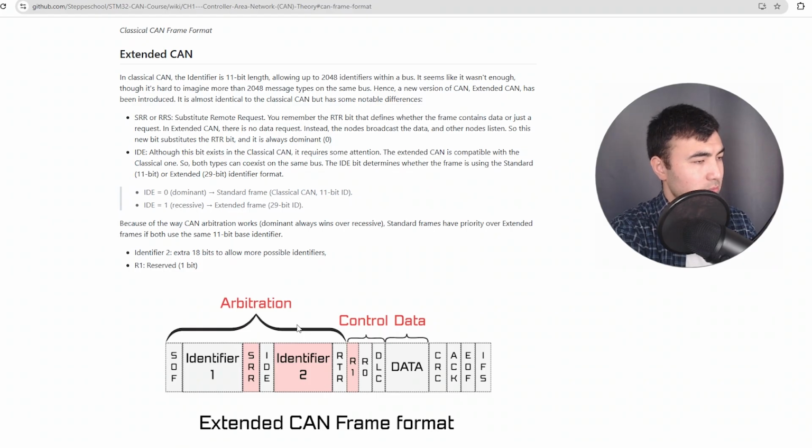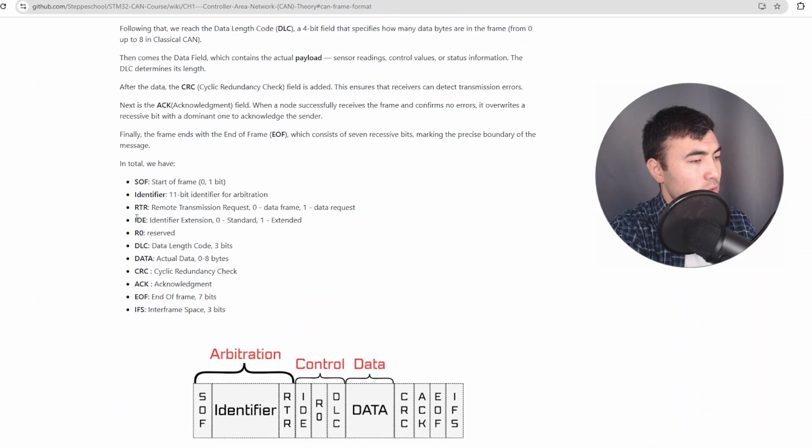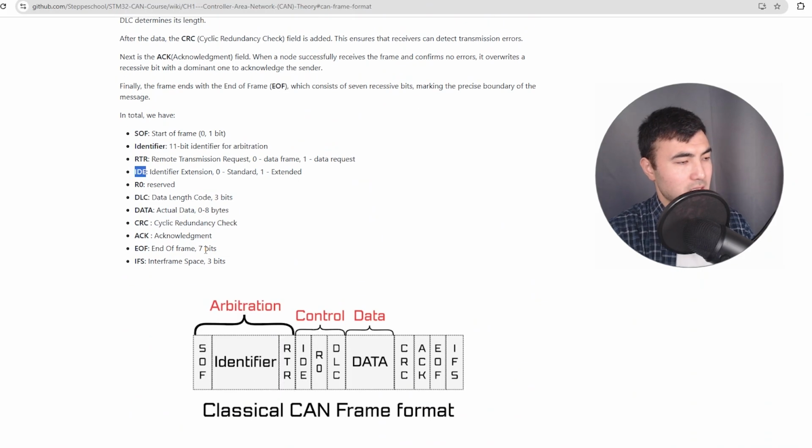As I said before, we have this IDE bit. This bit is necessary to define the standard classical frame format and the extended CAN frame format. If its value is 0, it means standard. If it's 1, it's extended. The interesting thing about CAN is that it's backward compatible.